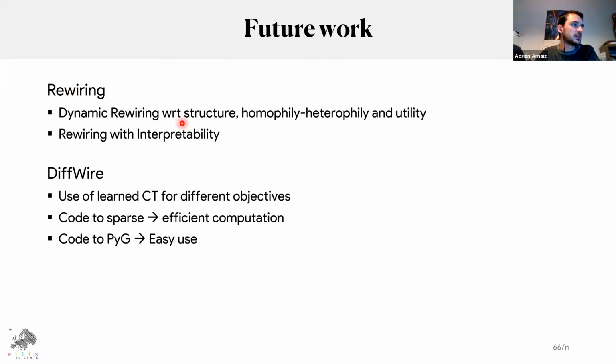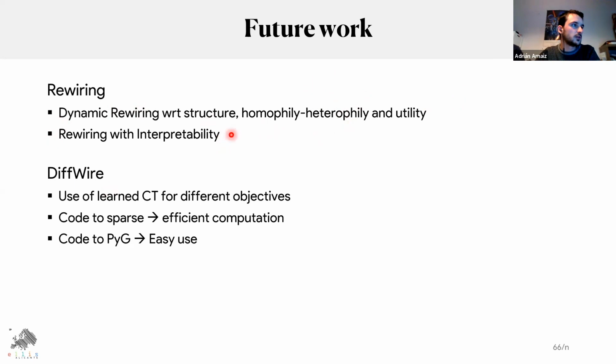We can also see dynamic rewiring, in which we don't only rewire with respect to the structure, but also with respect to homophily, heterophily and utility. As we have seen here, the diffusive rewiring, the curvature, the inductive rewiring with DiffWire, and the commute times rewiring are only related to the structure, okay? So maybe if you have to do node classification and you have a lot of homophily or heterophily, you want a rewiring that also dynamically adapts to that task, okay?